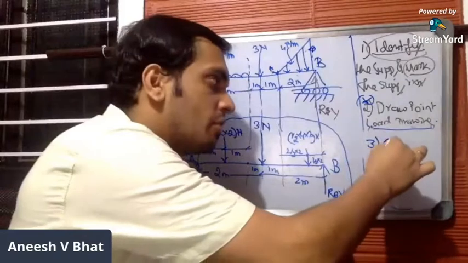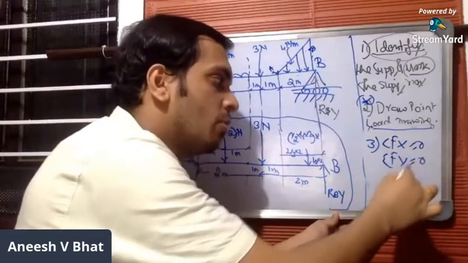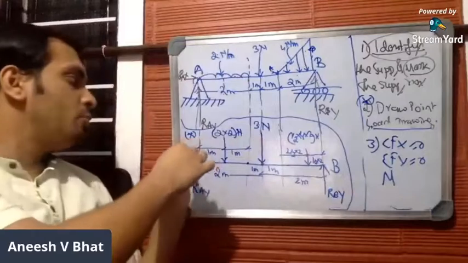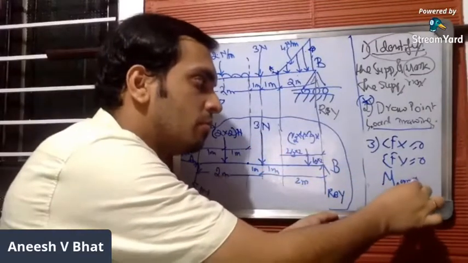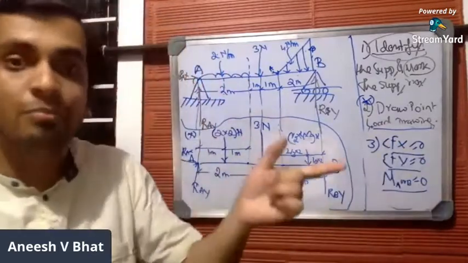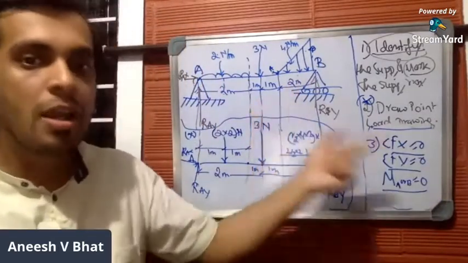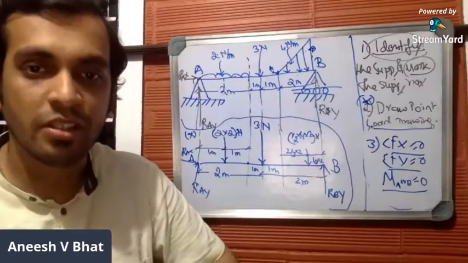Which are the 3 conditions? Summation of fx equal to 0, summation of fy equal to 0, and the moment either about A or B should be equal to 0. This is how it goes. Got it?